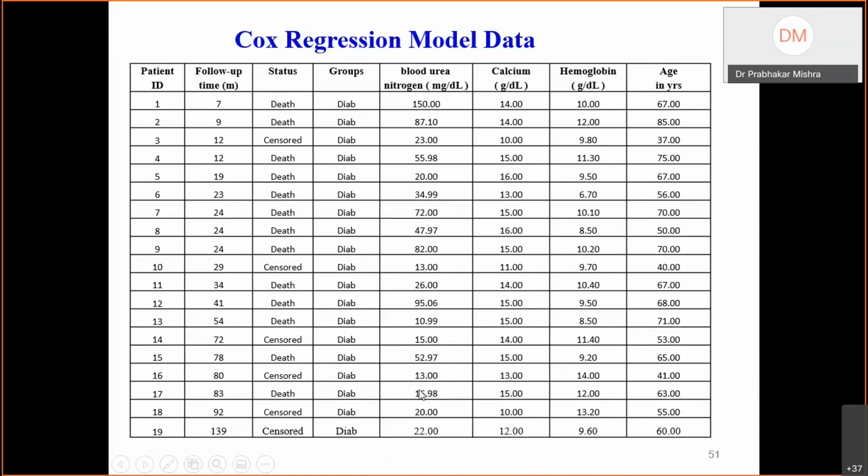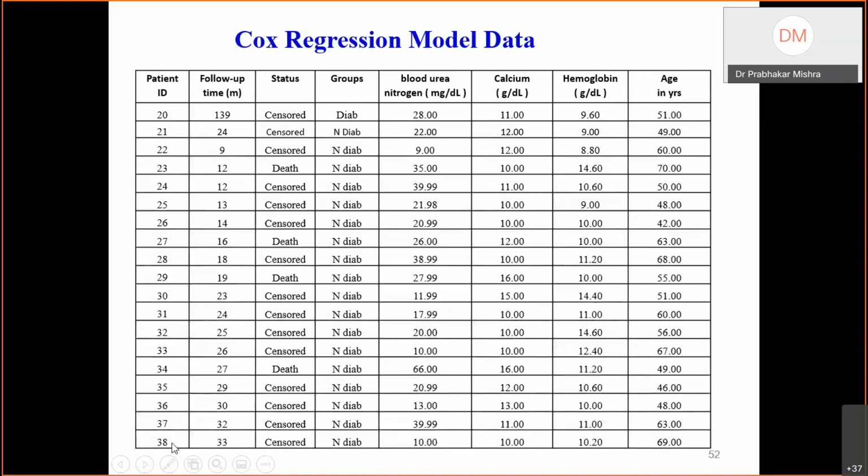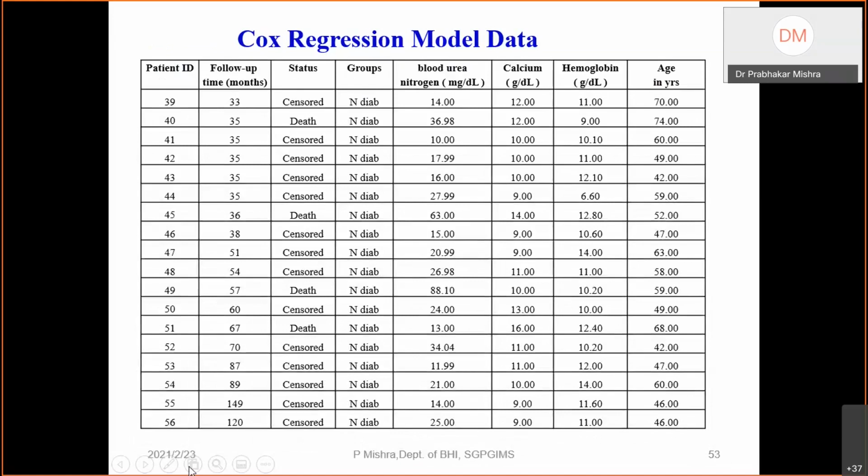Blood urea nitrogen, calcium, hemoglobin, and age in years are also given for those patients. Now these are the 56 patients, first 19 patients, then 19 patients, and then this, so overall 56 patients' data are given.